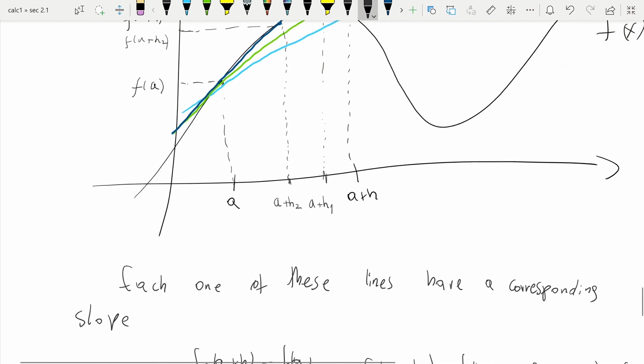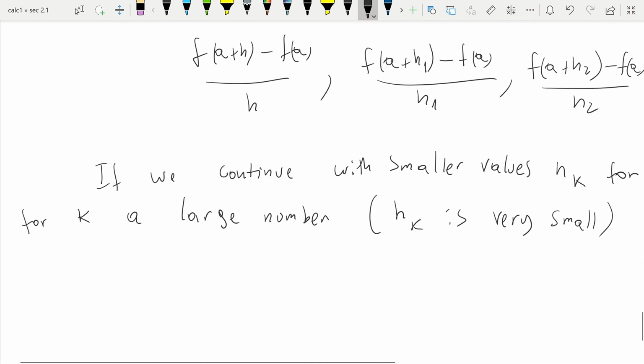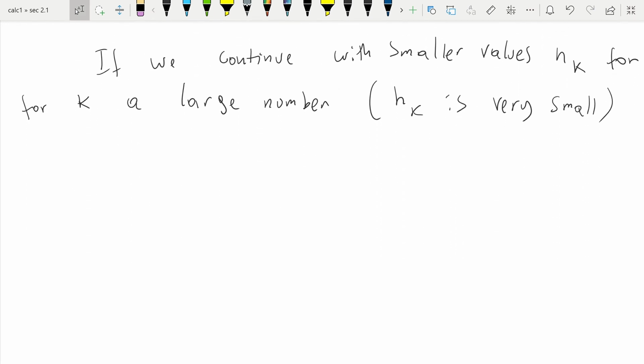So in here, if we consider say a plus h3, we can consider more and more numbers. This could correspond to a plus h, say 1000, say. So we're approaching 0.